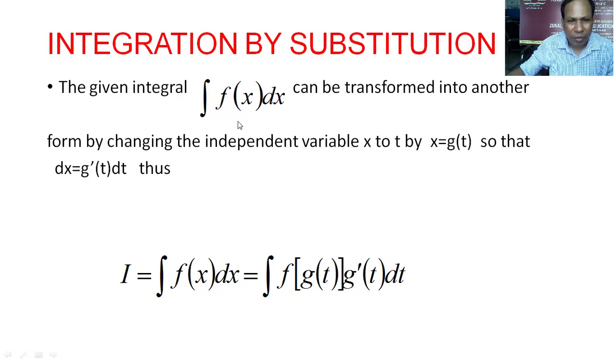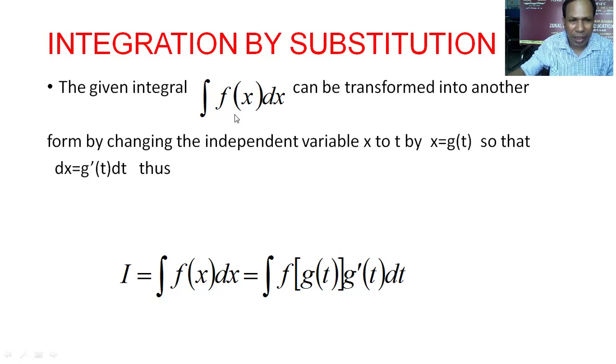Likewise here, whenever we find it difficult to integrate a function directly, we choose a part of the function as t, so that the resulting function becomes easily integrable. This is the basic idea behind integration by substitution.